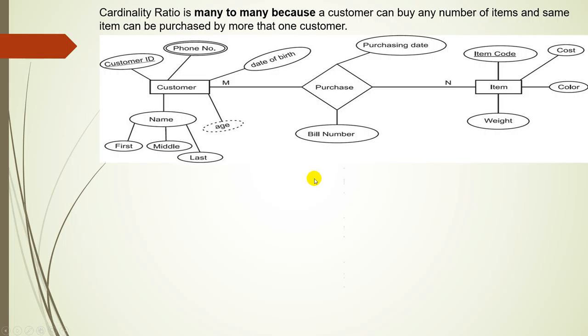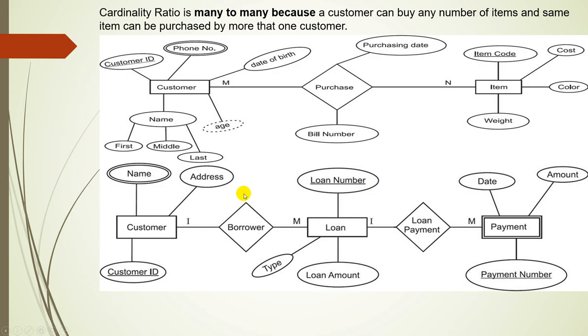Let's see another diagram. Here there are three separate entities: customer, loan, and payment. Here is a bank enterprise, and we define three separate entities. For the customer, we have a multi-value name.